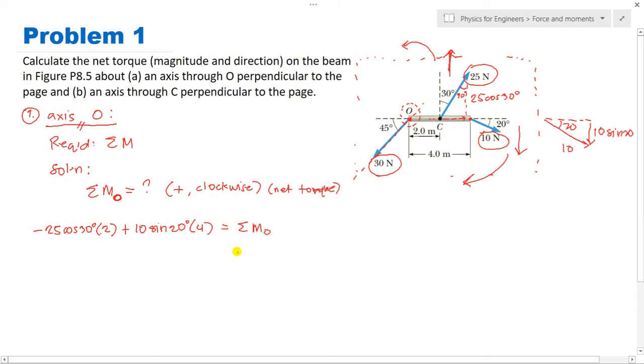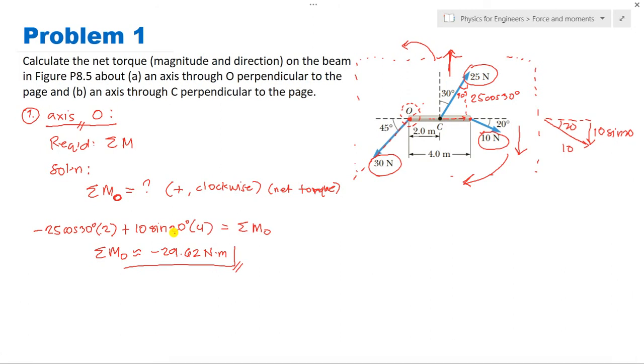Our answer is negative: the summation of moment along O is approximately negative 29.62 newton meters. What does the negative mean? If we assume positive is clockwise, a negative value means it is counterclockwise.